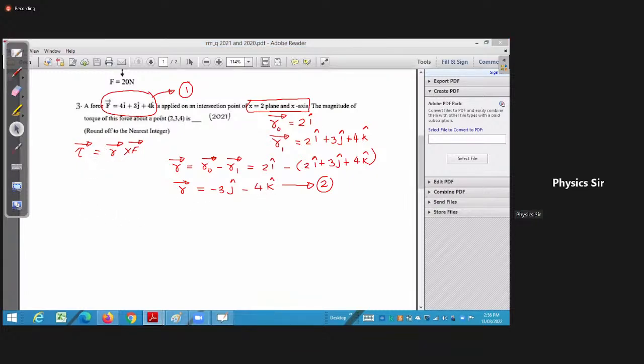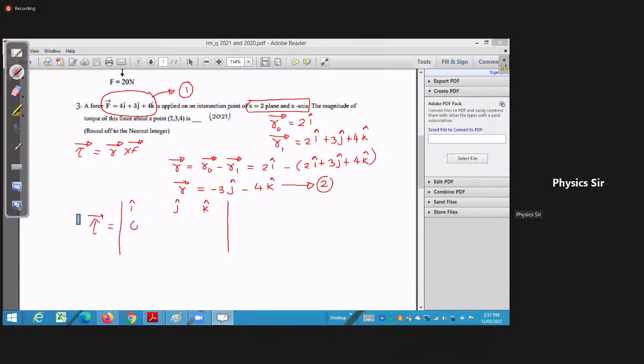Okay, so now I have to calculate this vector r cross vector F. So this torque can be written as the determinant of i cap, j cap, k cap.